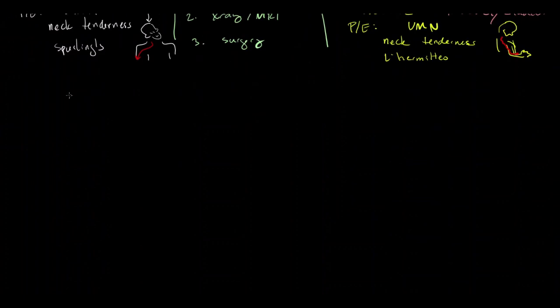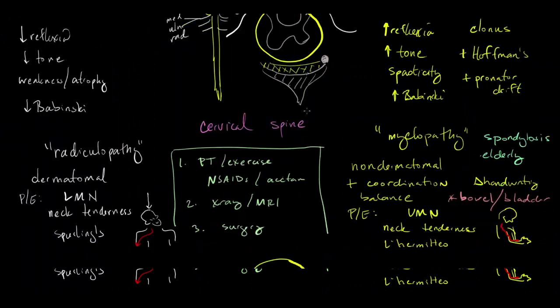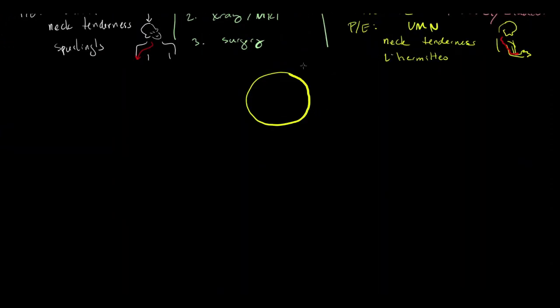So we live in an infinite world, and thus far we have discussed upper motor neuron and lower motor neurons as two separate entities. But you can imagine there might be a scenario in our universe in which you have both. So this is my spinal cord.